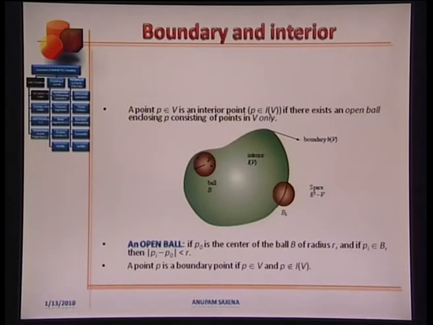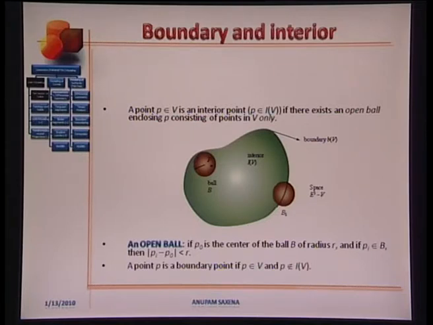All we say here is that a point P belongs to the interior of the solid if it is enclosed by an open ball of any non-zero radius r, such that the ball itself encloses all the interior points of the solid. Take the ball B1, for example, which encloses a boundary point.